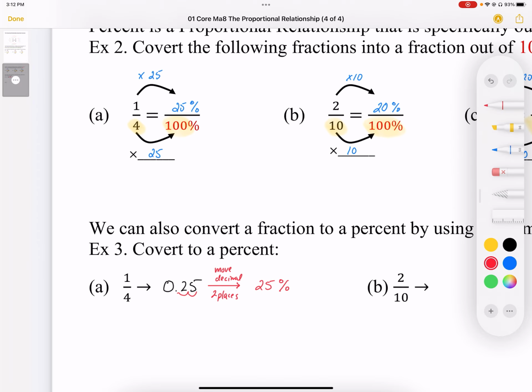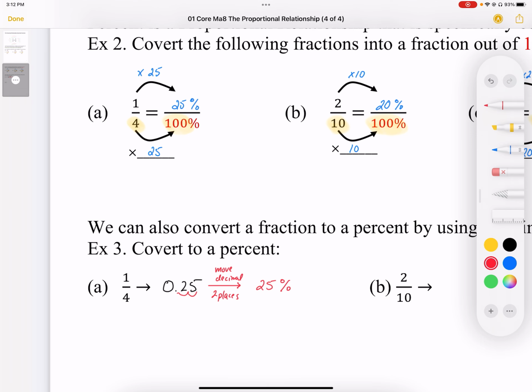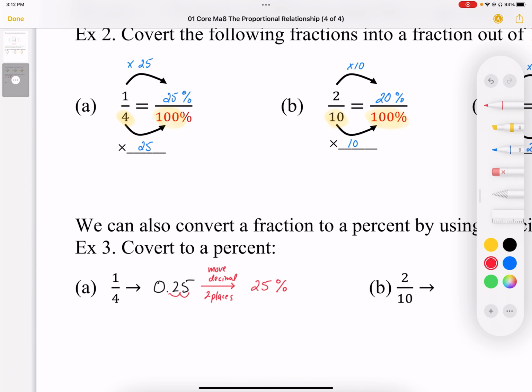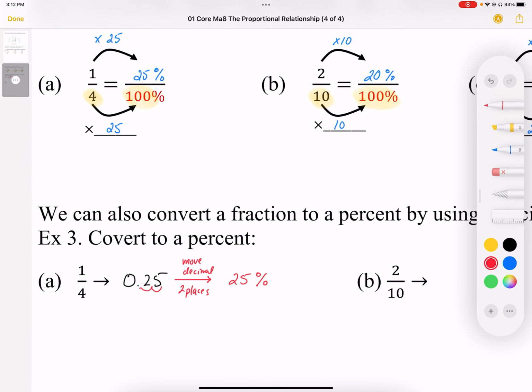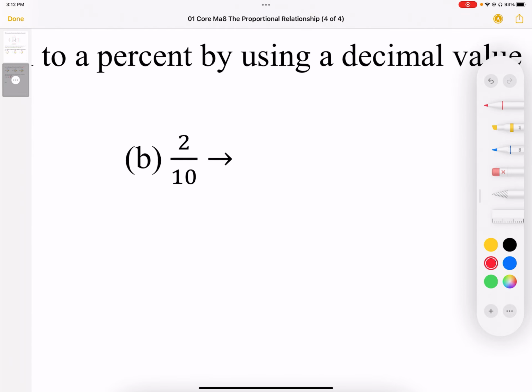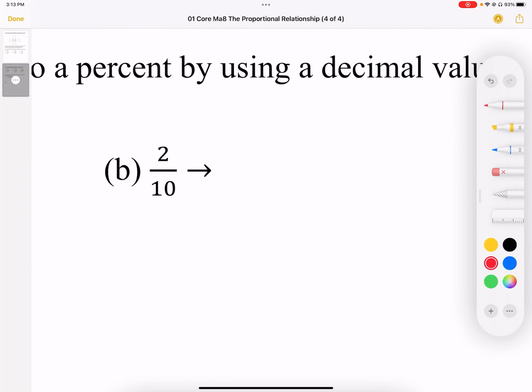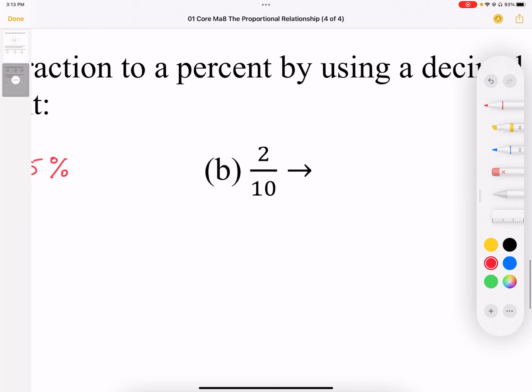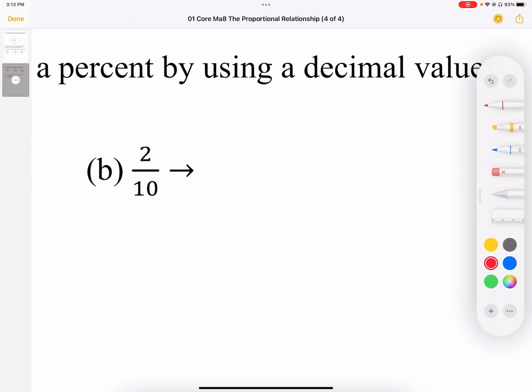If I move this over 2 places, 1, 2, I end up with 25%. And if I take a look at the previous one, 1 over 4, when I used a proportion, we ended up with 25% as well. So we'll do the same thing here. We convert to decimal first. We're going to convert this to decimal by dividing. 2 divided by 10, on my calculator, I get 0.2.